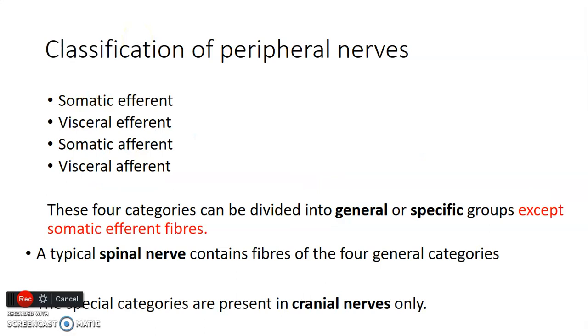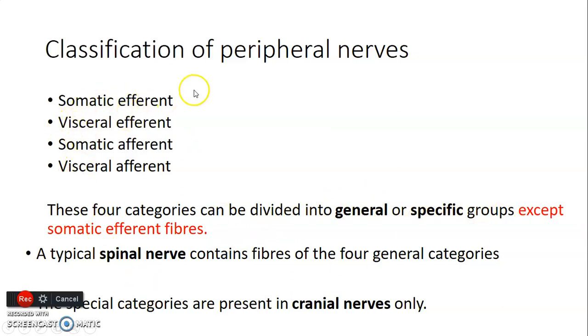So with that information, you need to know how to classify peripheral nerves. You can classify as somatic efferent, visceral efferent, somatic afferent, or visceral afferent. Those are the four categories, and this can be divided into general and specific, except somatic efferent.